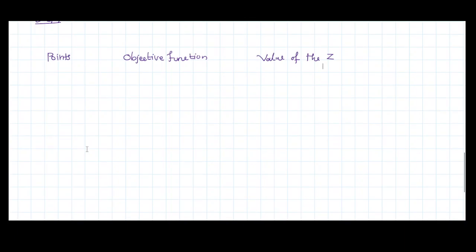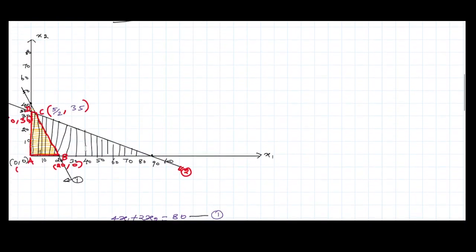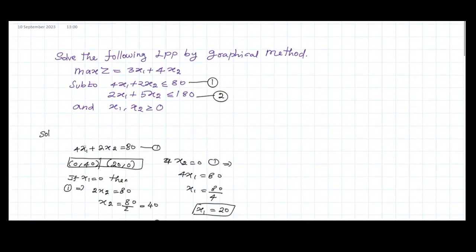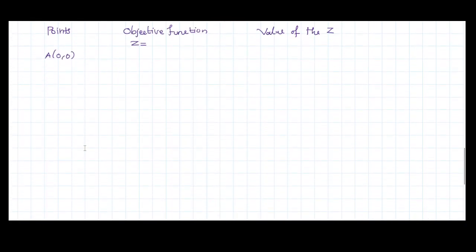Here the corner point A equal to 0 comma 0. Here z equal to 3x1 plus 4x2. At this point z equal to 3 into 0 plus 4 into 0, which is 0.